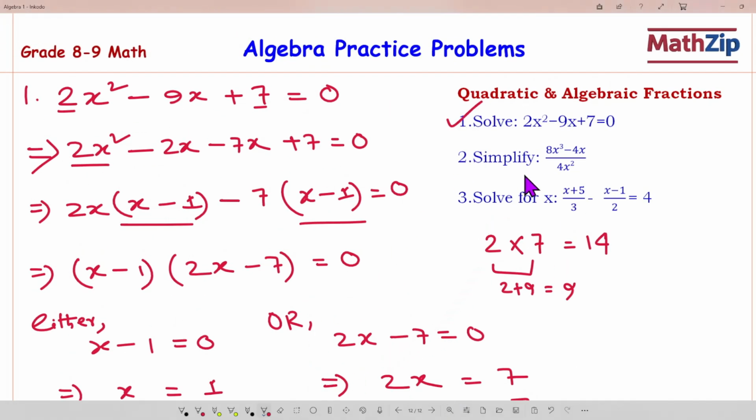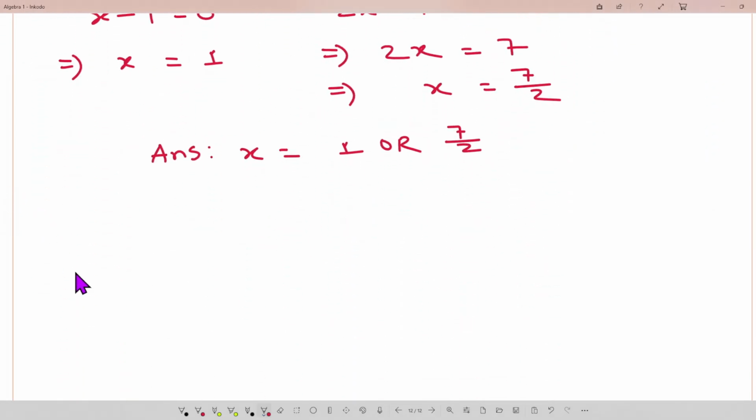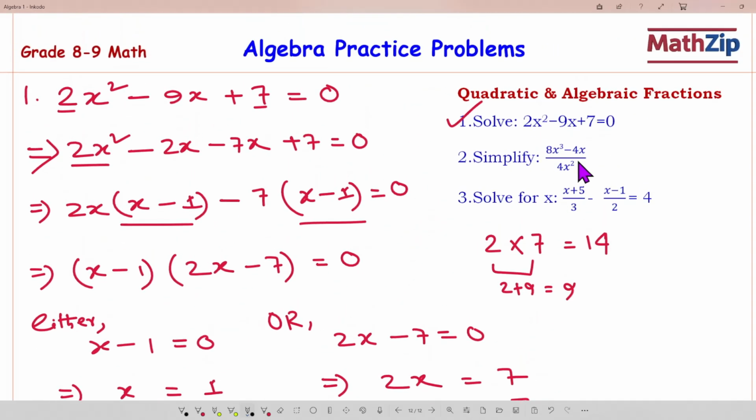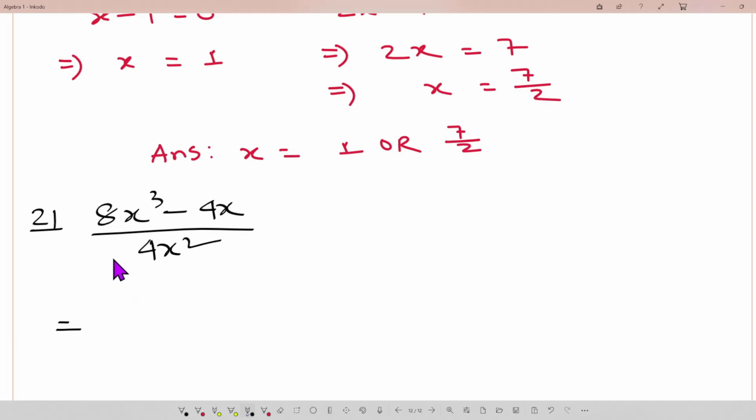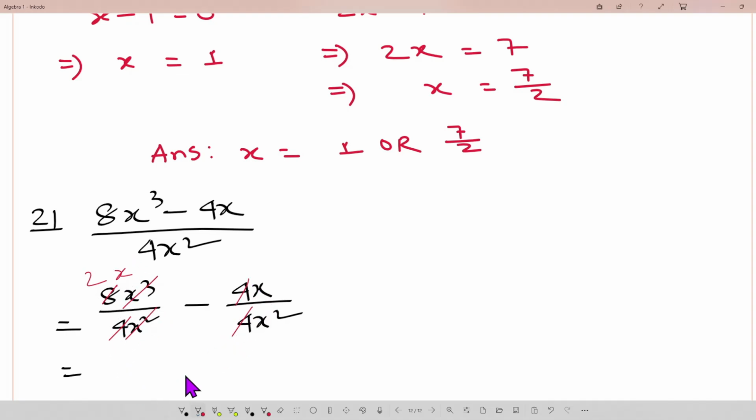Number 2 is a very simple thing. Simplify (8x³ − 4x) divided by 4x². We can write this as 8x³ divided by 4x² minus 4x divided by 4x². Then 8 divided by 4 is 2, and x³ divided by x² is x. 4 and 4 we can divide, so it will be 1, and x² divided by x is x.